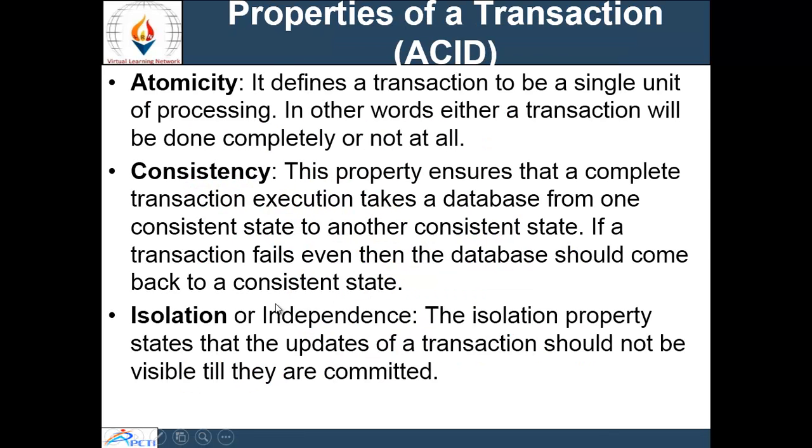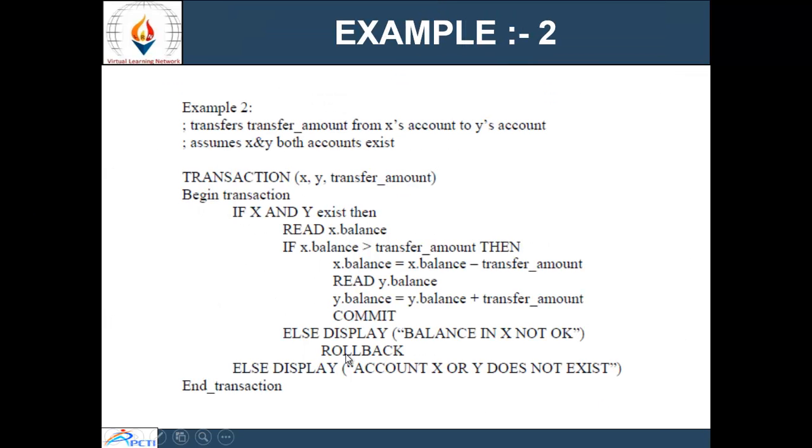Now, next are the properties of a transaction. There are ACID properties of a transaction. You see, a transaction is basically a set of logically related operations to perform a unit of work. Now, what are the operations of a transaction? That is the data item. You use data items in a transaction.